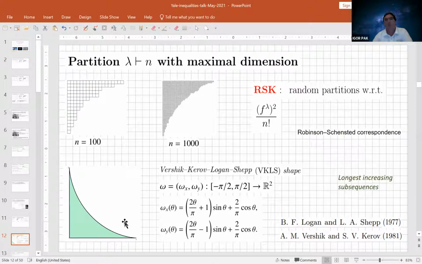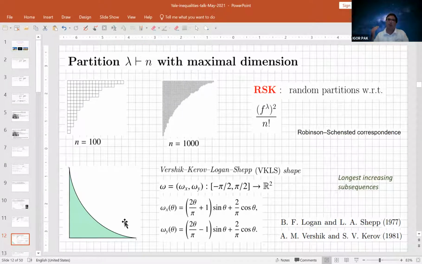But using that shape, you can calculate the dimension, and it turns out that the dimension is close enough to square root of n factorial. And then you can prove that everything that's close to square root of n factorial has to have that shape.